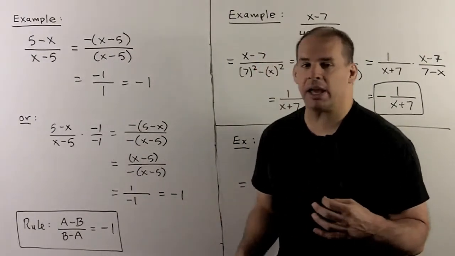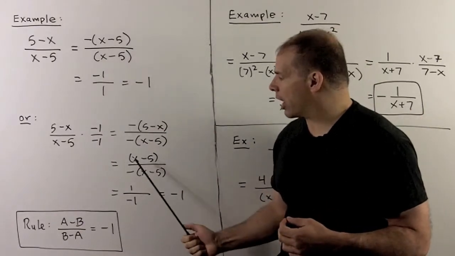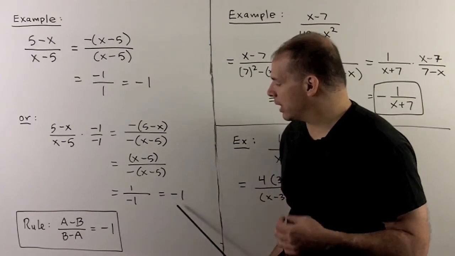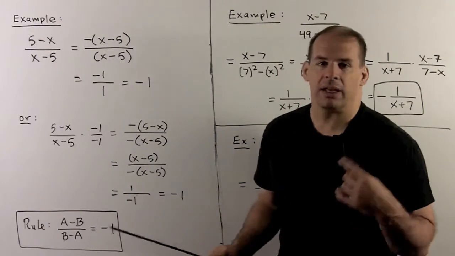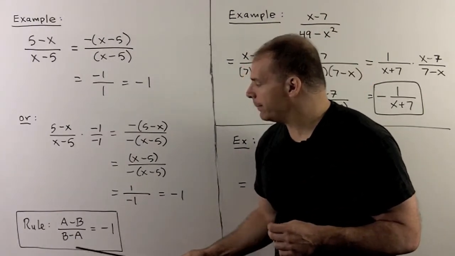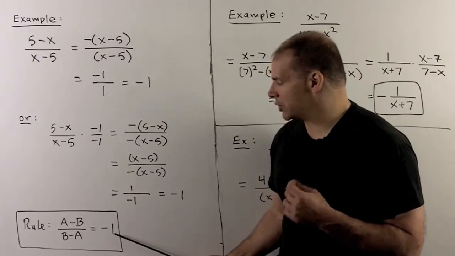The minus 1 in the denominator, we're just going to leave alone until the last step. So we get our x minus 5, they cancel, I have 1 over minus 1, and that gives me minus 1 again. So either way works. Now you can just take this as a rule: if I have (a minus b) over (b minus a), and a minus b is non-zero, that's always equal to minus 1.